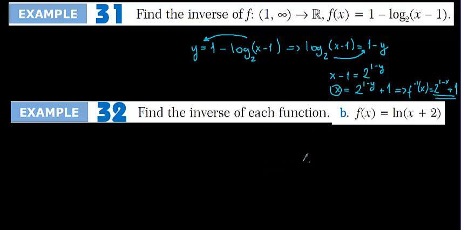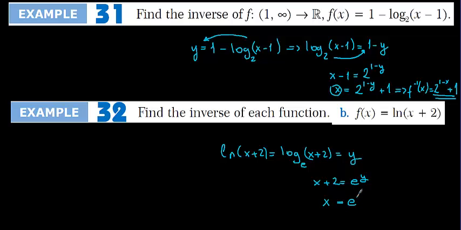Here, for the second one, ln(x plus 2), we have to be careful about the base of the function, because ln(x plus 2) means logarithm base e of (x plus 2). If this value is equal to y, it means that x plus 2 is equal to e to the power of y, and x is equal to e to the power of y minus 2.